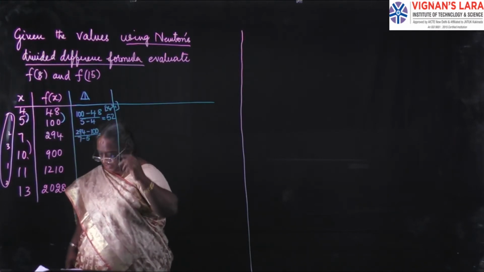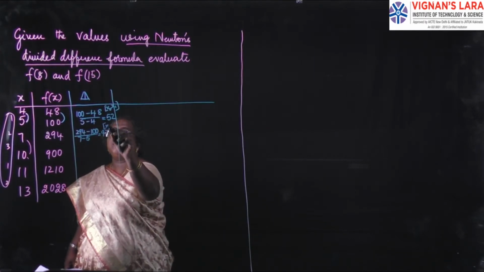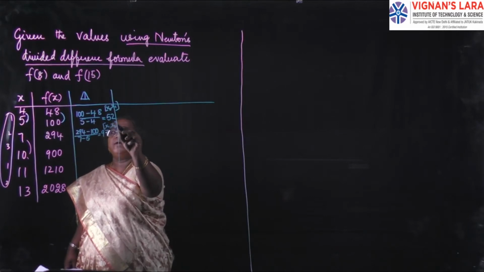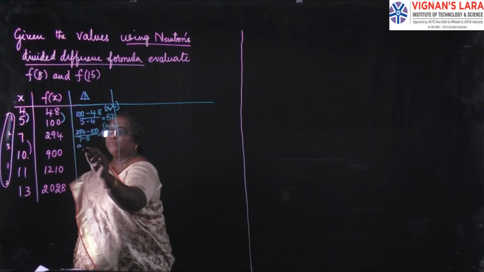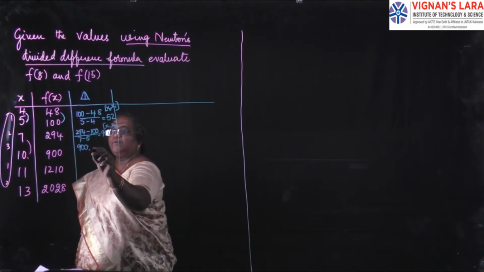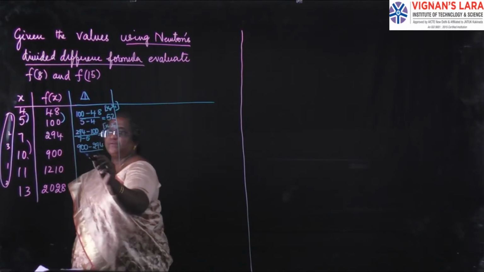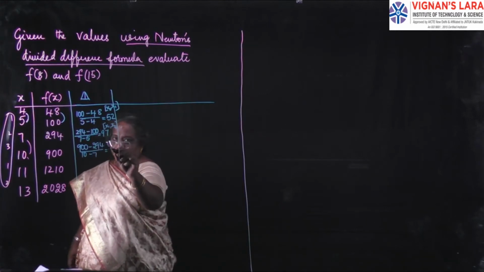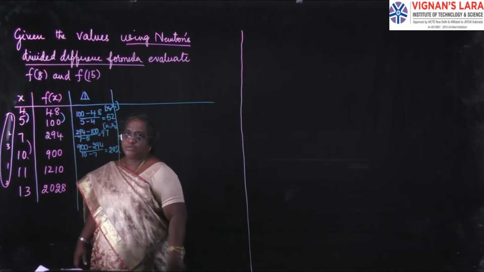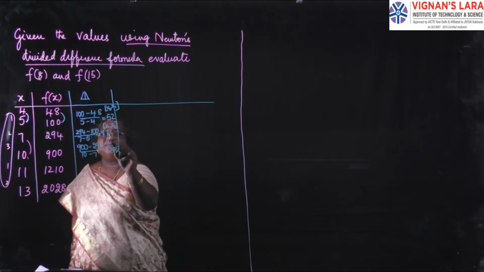So this is 97, and this is the first divided difference between x1, x2. Next, 900 minus 294 divided by 10 minus 7. So this comes to be 202. This is the first divided difference between x2, x3.